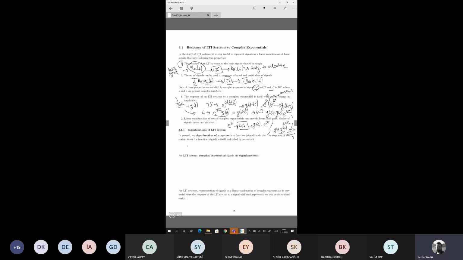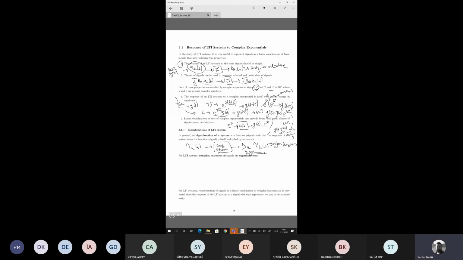If I have phi k of t input to any system, then at the output, let's say I have lambda k times psi k of t. This is the so-called eigenvalue, and this is called the eigenfunction.